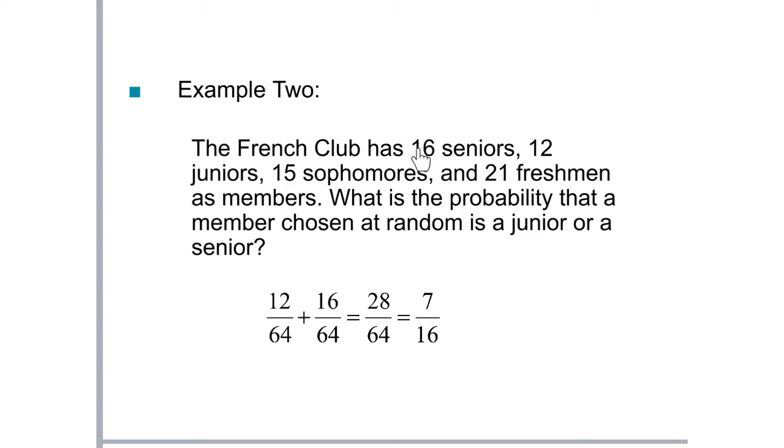And if we add all these together, 16, 15, 12, and 21, we get 64. So the probability of being a junior is 12 out of 64. The probability of being a senior is 16 out of 64. We add those together, adding the numerators, not the denominators, and we get 28 out of 64, which reduces down to 7/16.